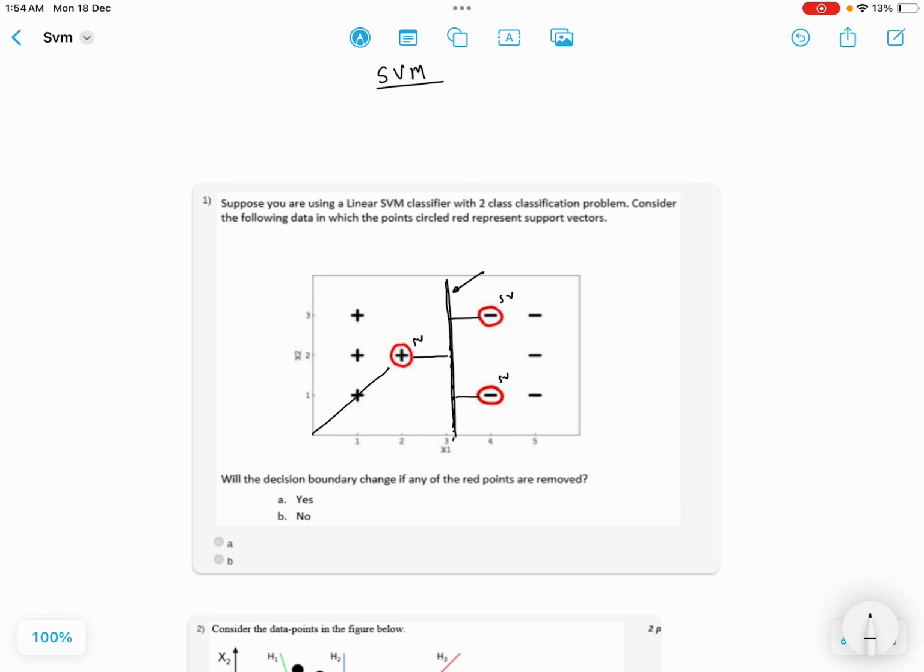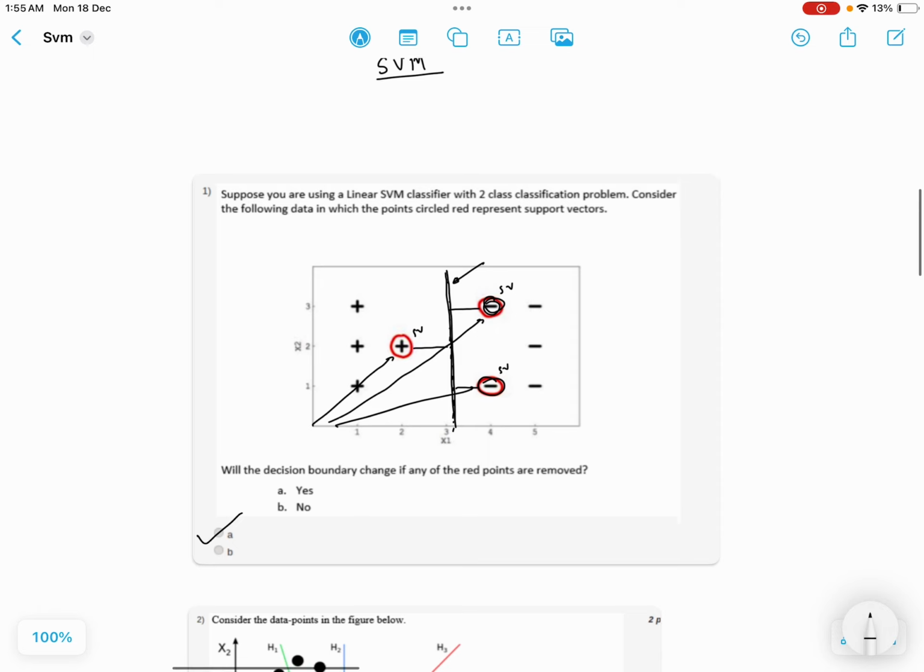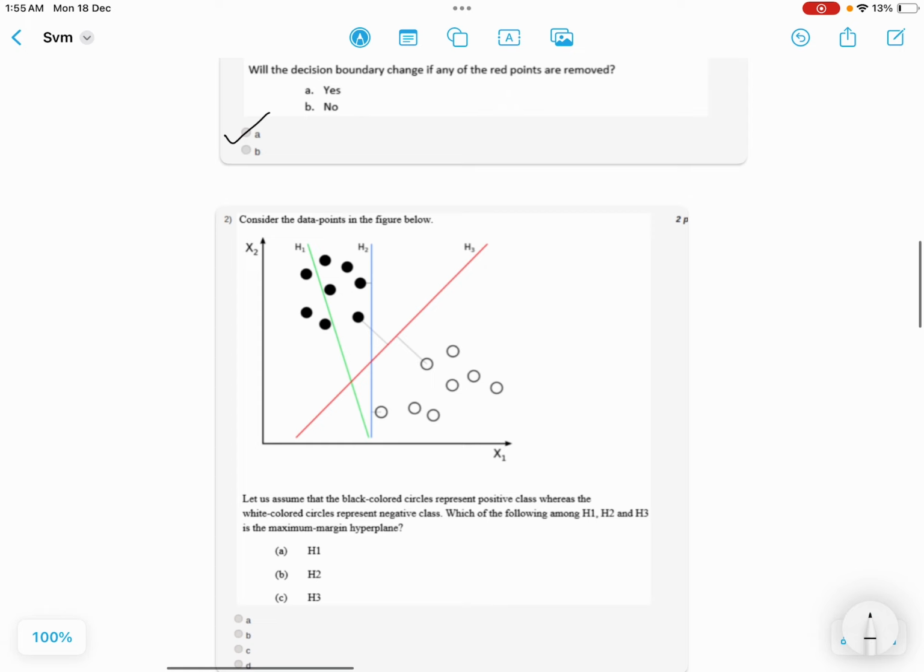These support vectors are the ones near to this hyperplane. So if you alter this supporting vector, then that will have an effect on this hyperplane, so it will get changed. So the correct answer for this is yes. Right, now let's move to the next question.